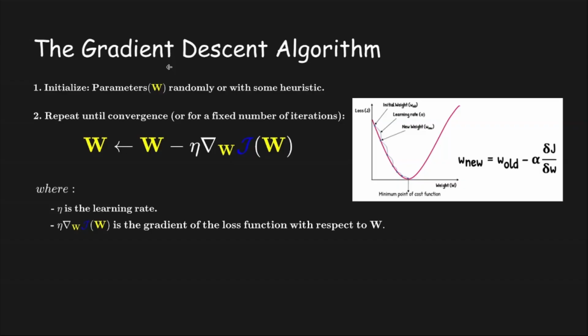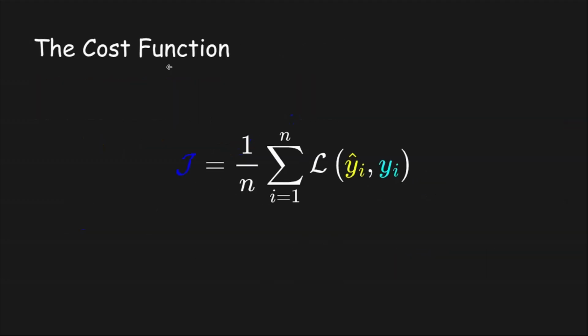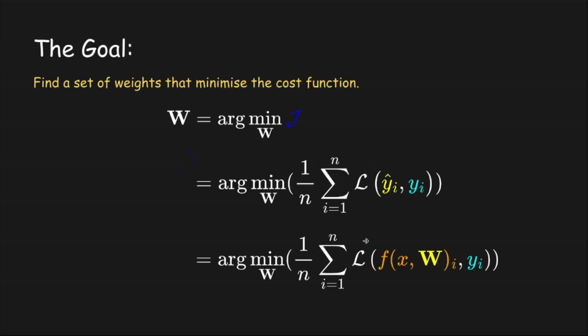Gradients are the partial derivatives of something. So what does partial derivative mean? You see that here the cost function is actually a function of x and the weight, right? There are individual weights here that come in.